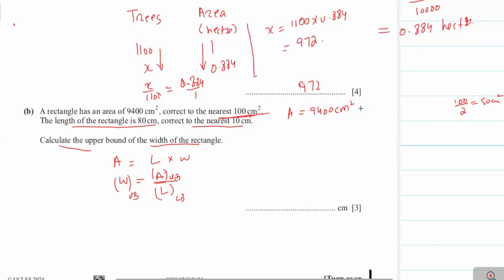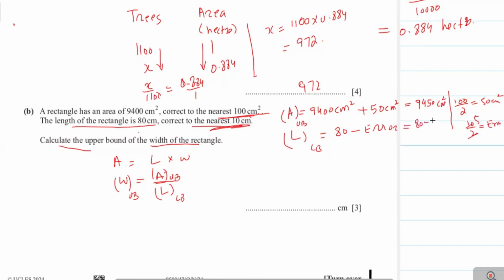If we add 50 centimeter square, this will be the upper bound value of this area, which is 9450 centimeter square, and the length here is 80 centimeter. The lower bound value of the length will be equal to 80 minus the error. The error will be equal to half of the accuracy. Here the accuracy is 10, therefore half of 10 is 5.